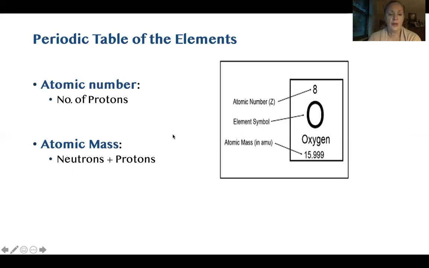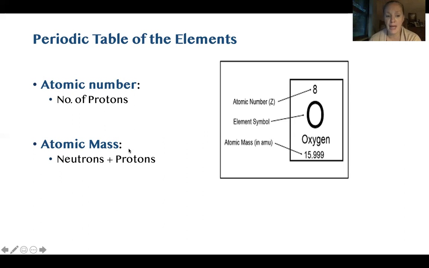Again, to belabor the point, because we're going to get confused on it, the atomic number tells you which element it is based simply on the number of protons and only the number of protons and nothing else. You can see that the atomic number is represented up here for oxygen by atomic number 8, above O, the symbol for oxygen on the periodic chart.